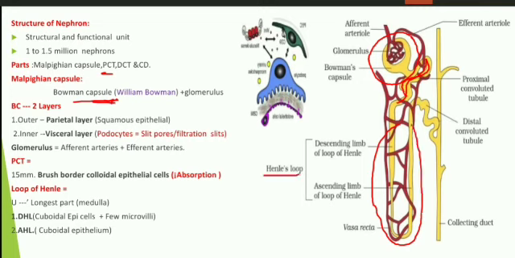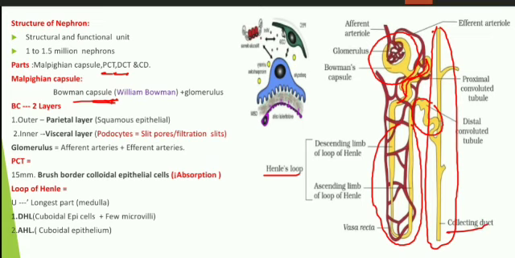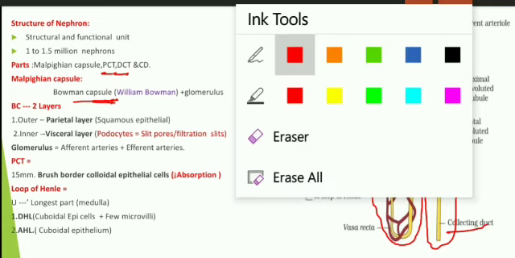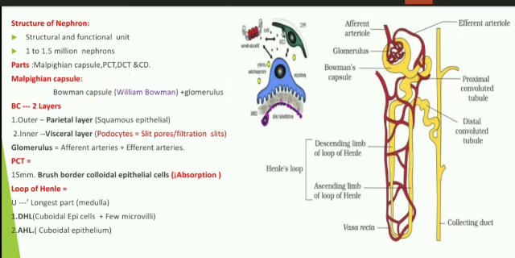Next to the loop of Henle, there is another portion which is less coiled, the distal convoluted tubule. Various distal convoluted tubules are connected to a common duct, and this is the collecting duct. These are the various parts of the nephron. Now we will discuss them one by one in detail.